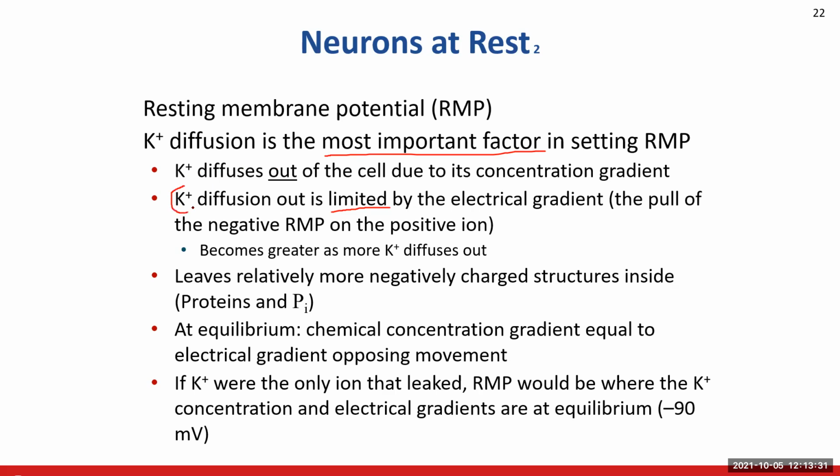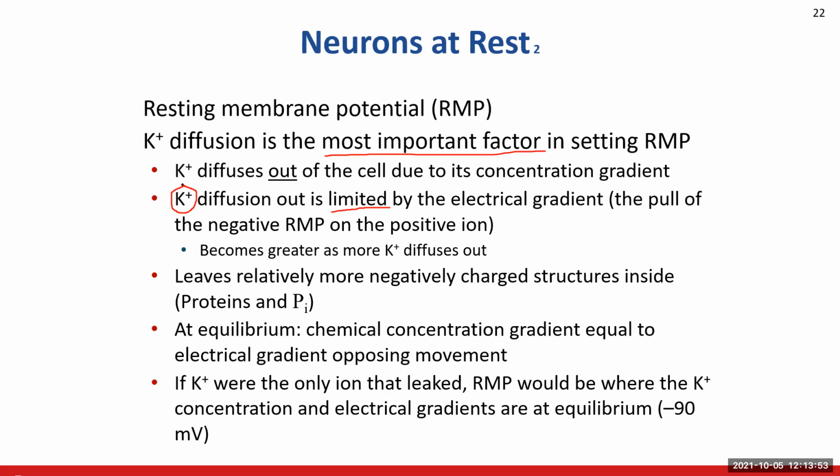Potassium is positively charged. And what's the charge of the inside of the cell? It's negative, because those negatively charged phosphate ions are still in there. Those negatively charged proteins are still inside.